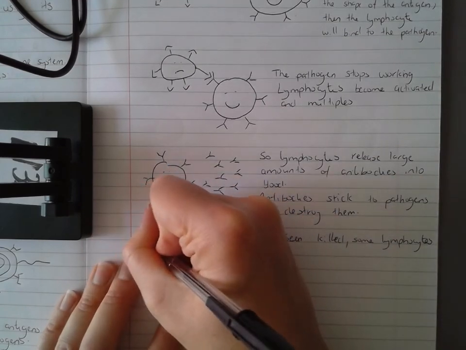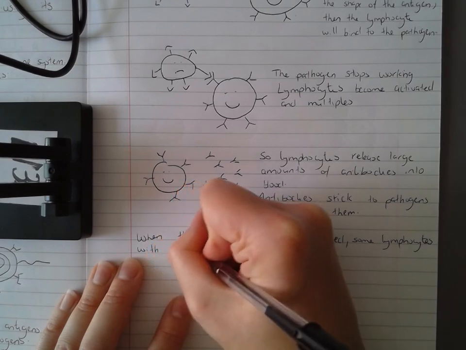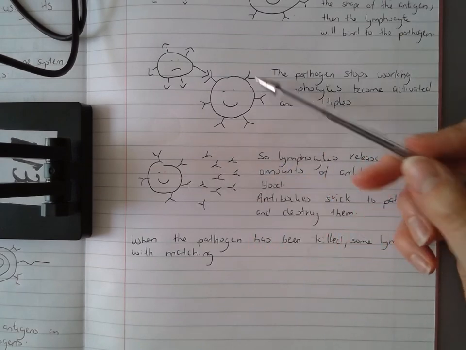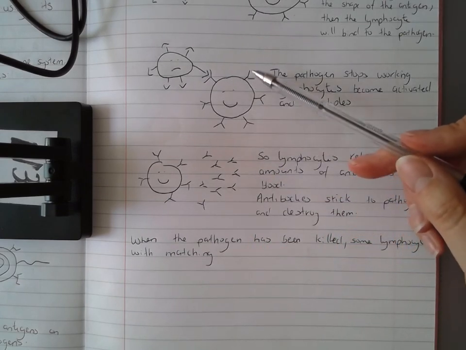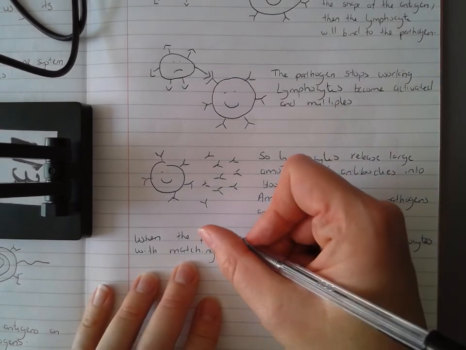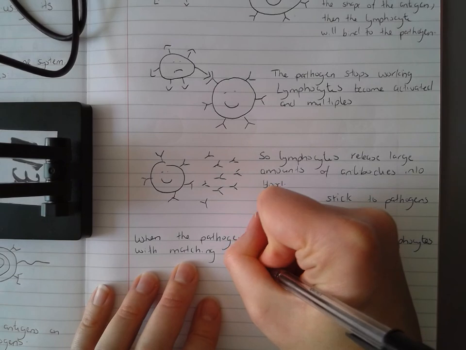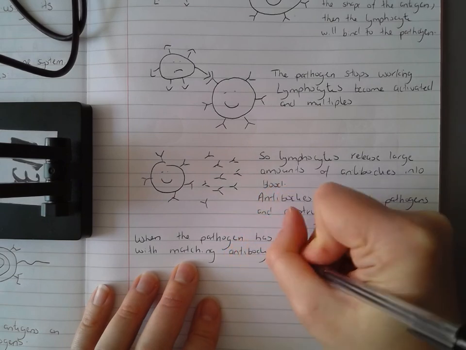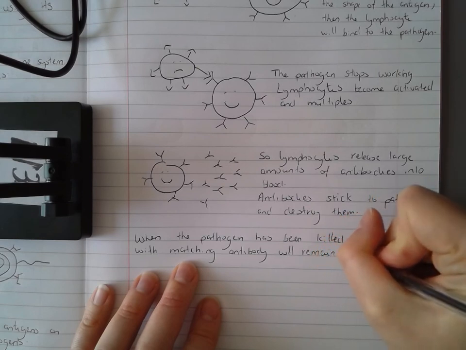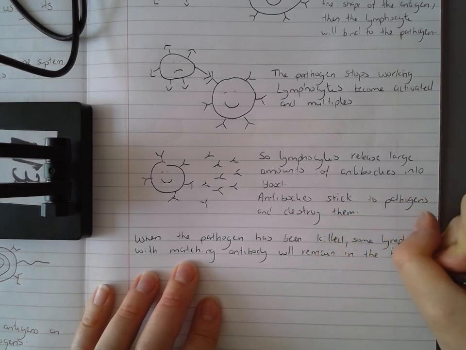Some lymphocytes with the matching antibodies, remember, different lymphocytes have different antibodies, okay? Once you've destroyed your pathogen, some of these lymphocytes that have the right antibody will remain in the blood.